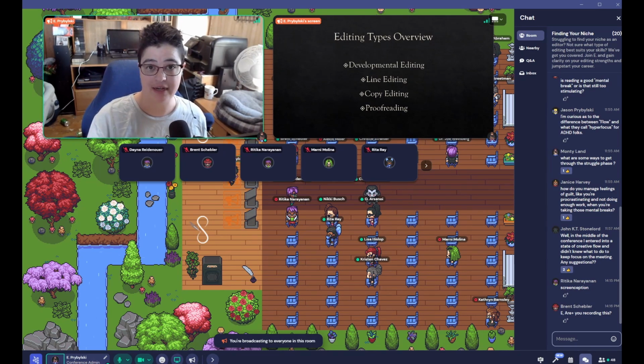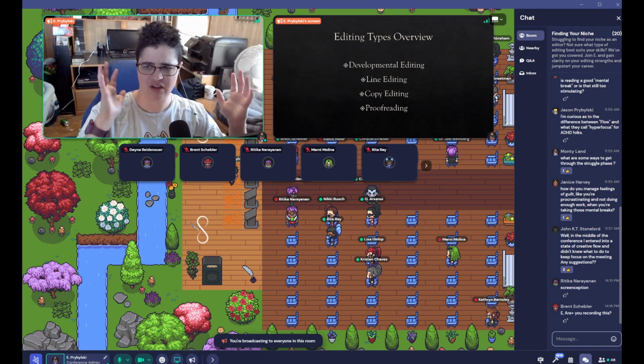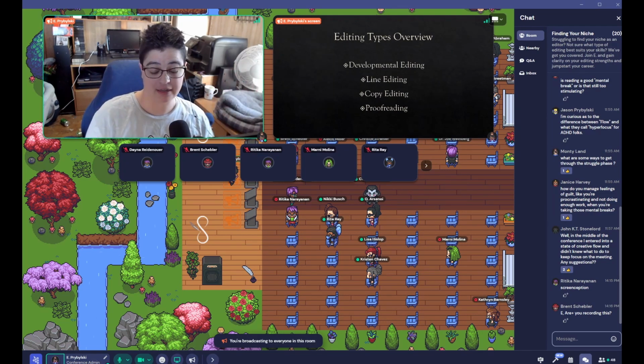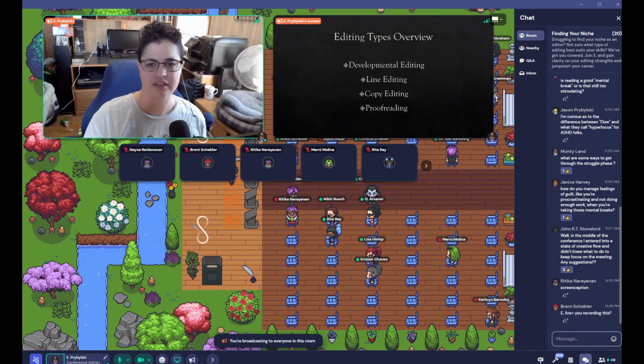Then you have copy editing, which is focused on the technical aspects of things. So it will be punctuation, syntax, whether or not the quotation marks are facing the right way, because we've all run into that, or if they're straight or curly, all that stuff. That's in copy editing, focused really on making sure the punctuation and grammar are correct. It may also include clarity.